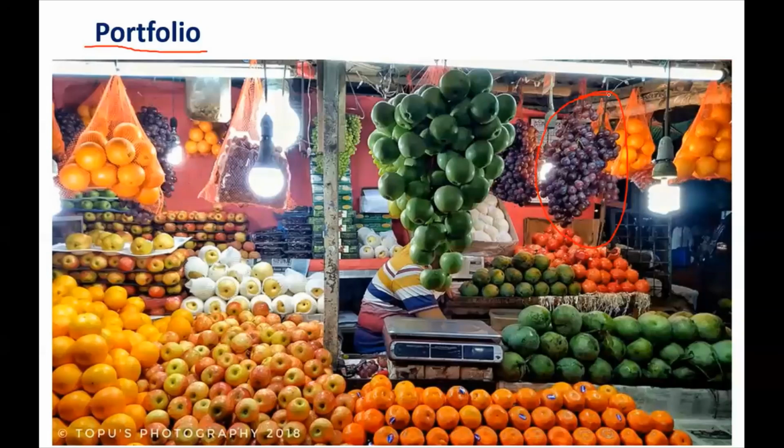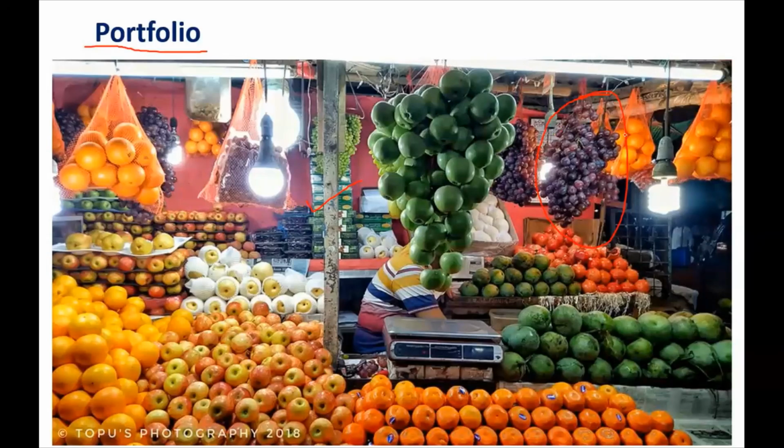Except the dates, here are some packets of dates, right? I don't know about the price of the dates which has been kept by this shopkeeper, but I'm just assuming for simplicity the grapes which are here, you see the grapes?